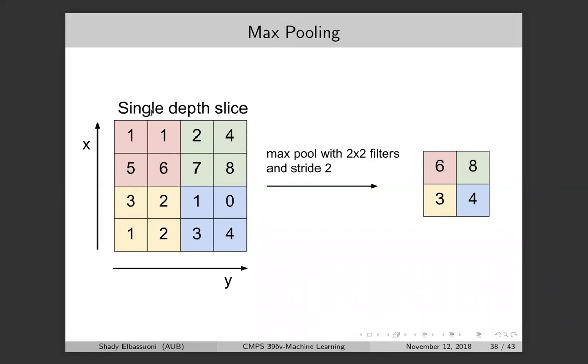What is the maximum value of all these 4? It's 6. And then I do a stride of 2, so I go to the next 4 pixels, 2, 7, 4, and 8. What is the maximum value? It's 8, so I output 8. Then 3, 2, 2, 1. I output 3. And 1, 0, 3, 4. I output 4. So this is called max pool. It's a filter, but there are no weights here. You're just doing a maximum operation.